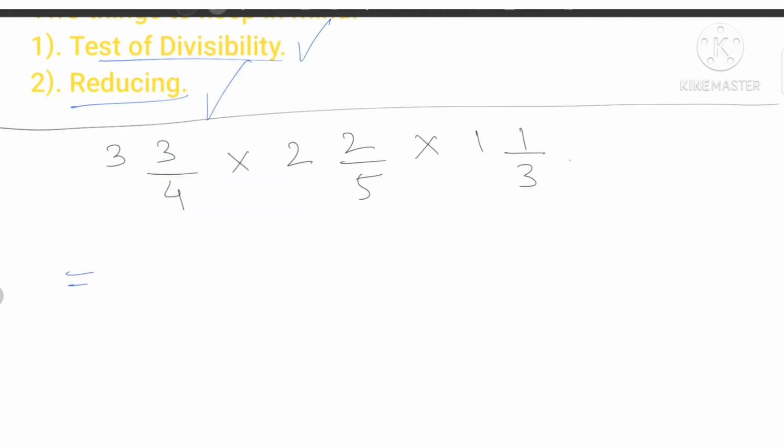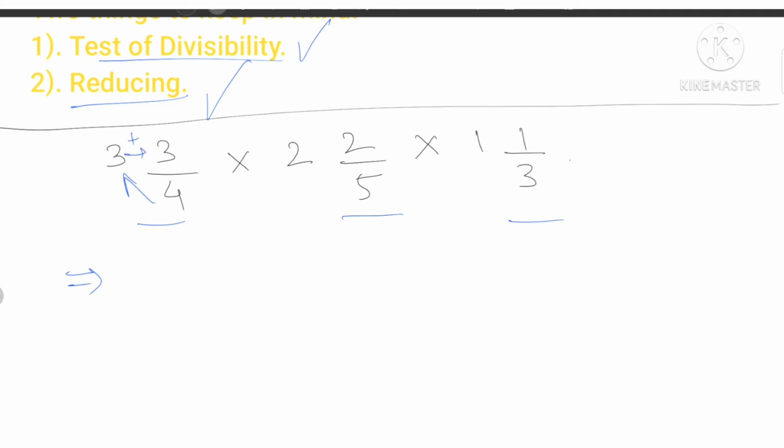First of all, step 1, we need to convert the mixed fractions. Now it is not compulsory that in each sum we'll get mixed fractions. In a later sum I'll explain that part also, that if 2 are mixed fractions and 1 is not, leave that 1 aside, complete the conversion of the mixed fractions and then start the sum. First of all, we complete this. 4 3s are 12, 12 plus 3 is 15.